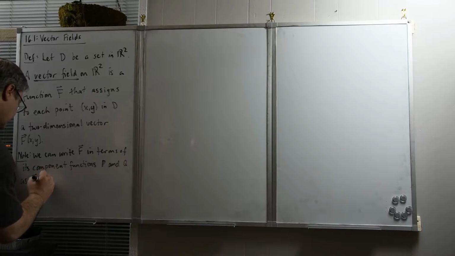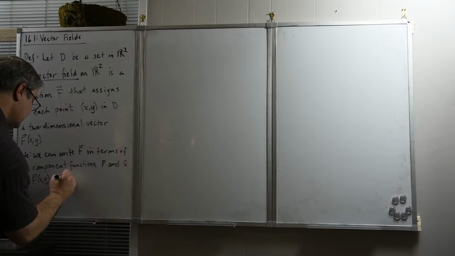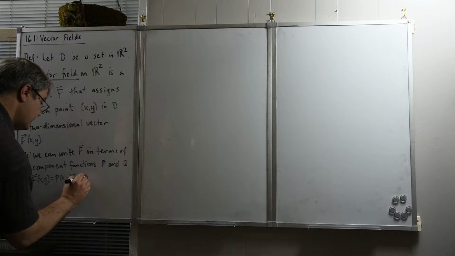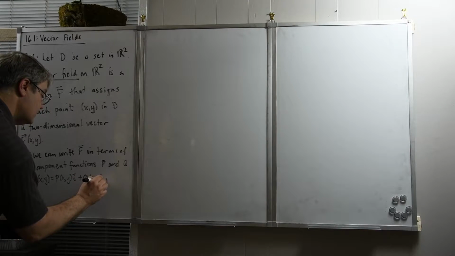So we have F of x, y is equal to P of x, y times i plus Q of x, y times j.